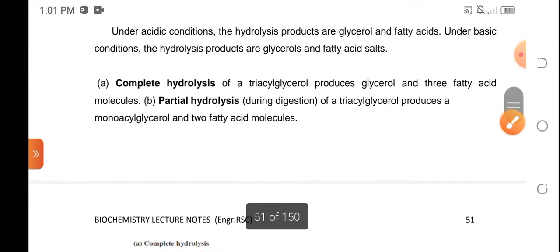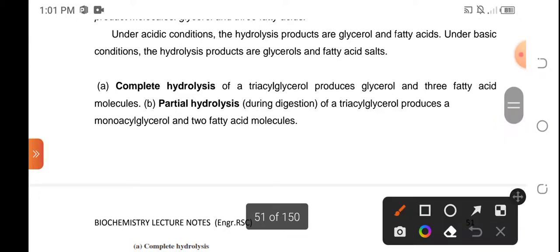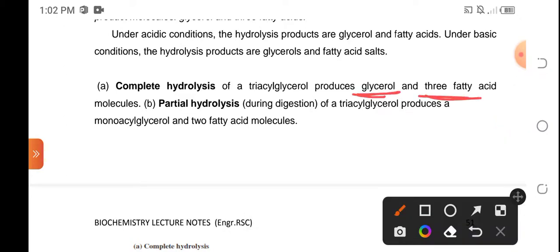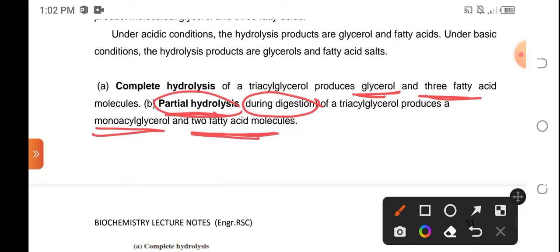So, for a complete hydrolysis, you're going to produce glycerol and 3 fatty acids as mentioned a while ago. But for partial hydrolysis, which is common for digestion, okay, you are producing a monoacylglycerol and 2 fatty acids. Ibig sabihin, for partial hydrolysis, hindi lahat ng ester linkage ay mabibreak.